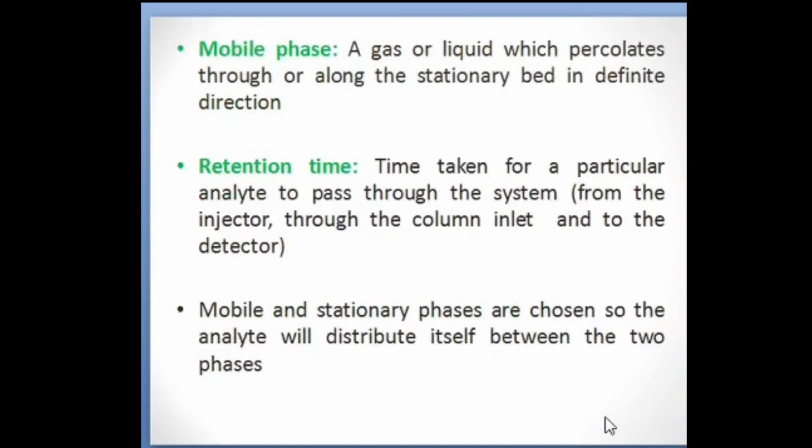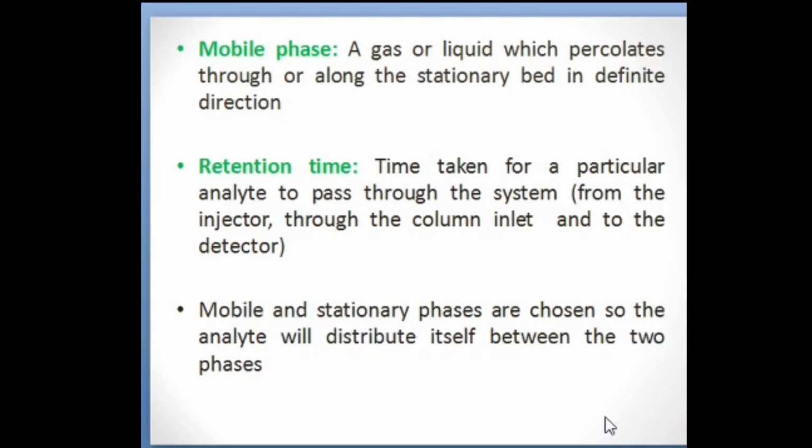Retention time is the time taken for a particular analyte. Analyte here is the sample that we want to separate or measure. So the time taken for that particular analyte to pass through the system is the retention time.